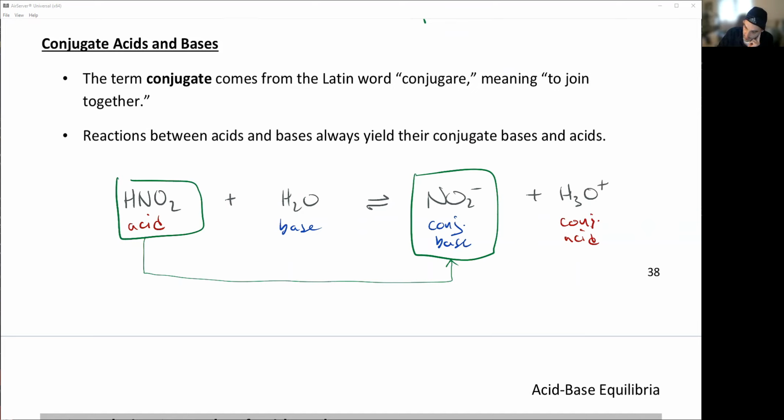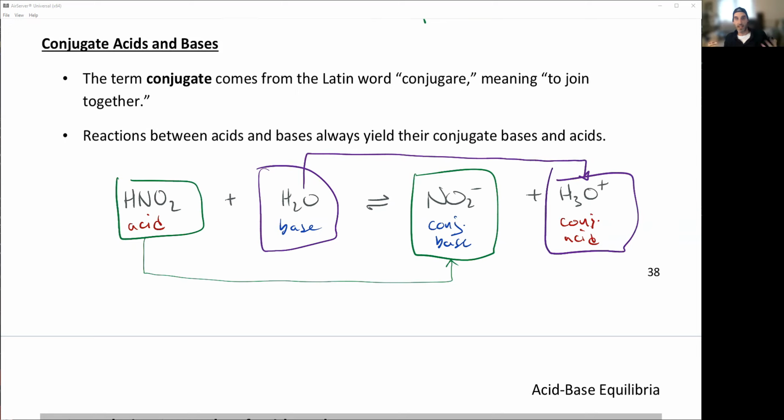Versus H2O paired up with H3O+, these two are considered conjugate acid-base pairs. Again, gaining a proton, the other one loses a proton. Or one has a proton, the other one loses it, and vice versa. Okay, so conjugate acid-base pairs are important.